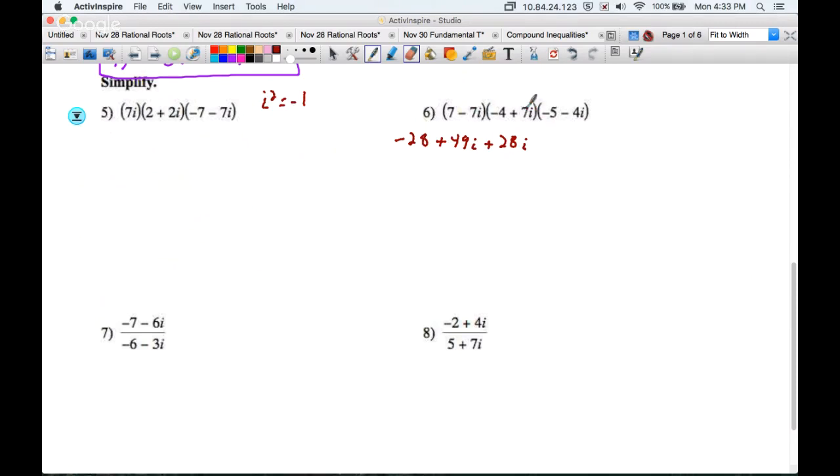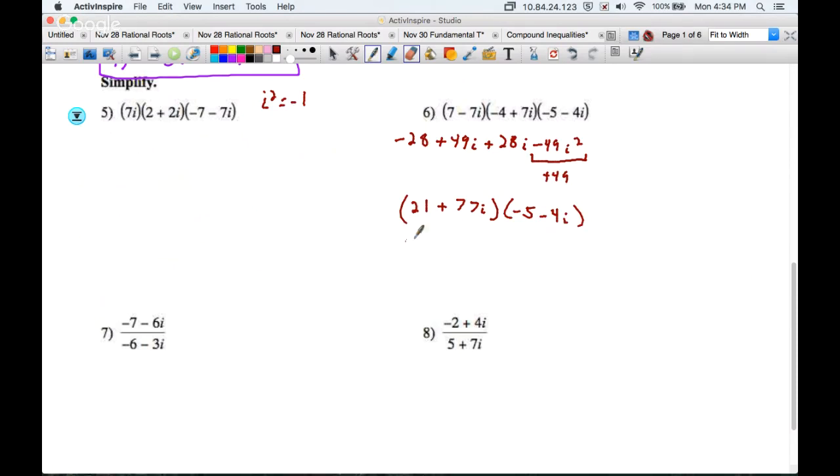Well, the -7 times the positive 7 is a -49, but the i times the i is an i squared, so I'll immediately replace that with a -1, which will make this whole thing a positive 49. Let's go ahead and combine our last terms. These will combine to be a 21 plus 77i. Now I just have to do that exact same process with another imaginary number and simplify from there.